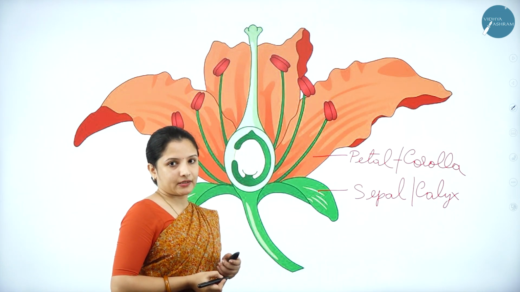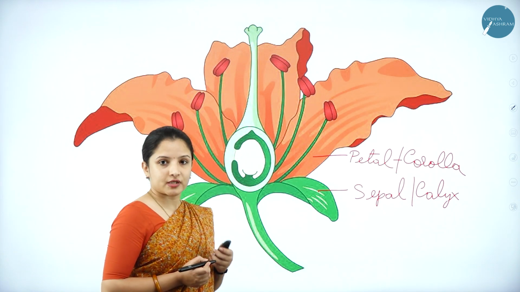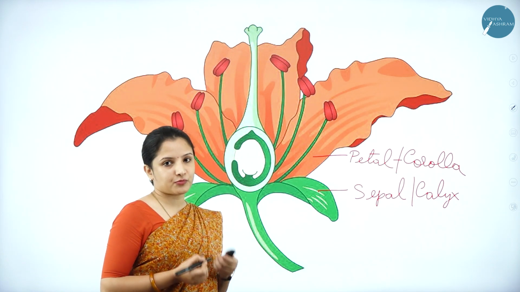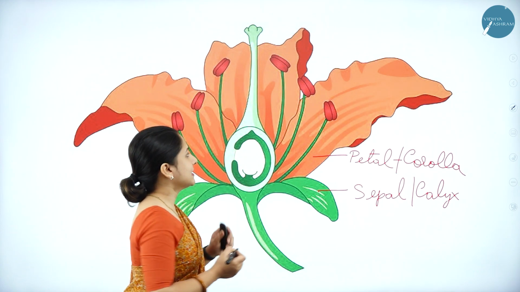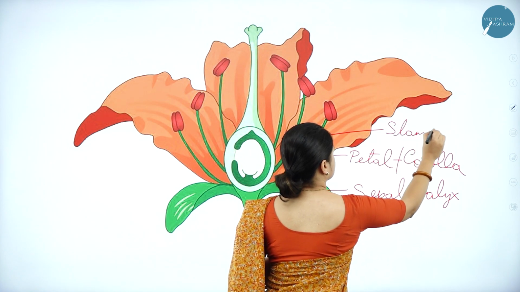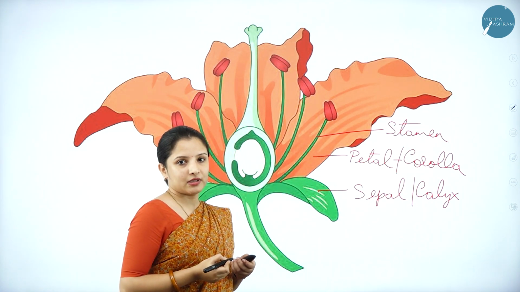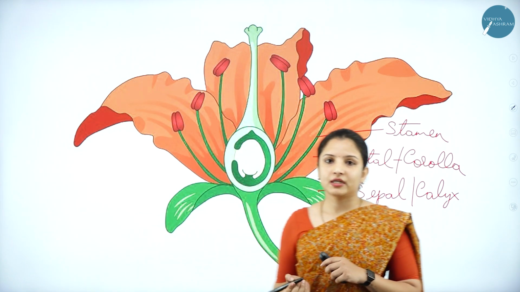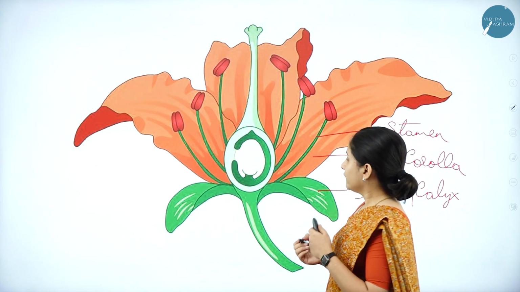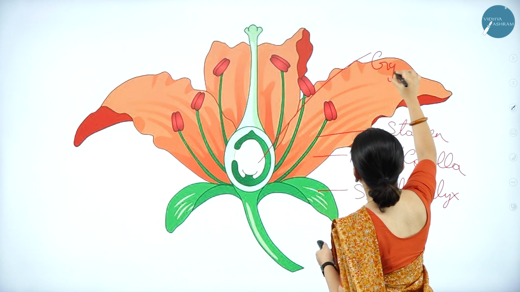Inner to the petal, we have one more whorl which is very important for reproduction, which is the male reproductive part of the flower, called the stamens. And inner to the stamens, you have one more reproductive part of the flower which is called the gynoecium.